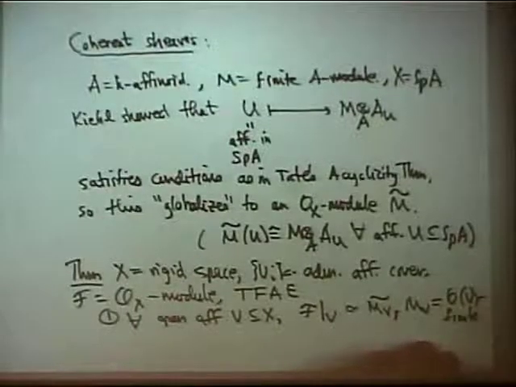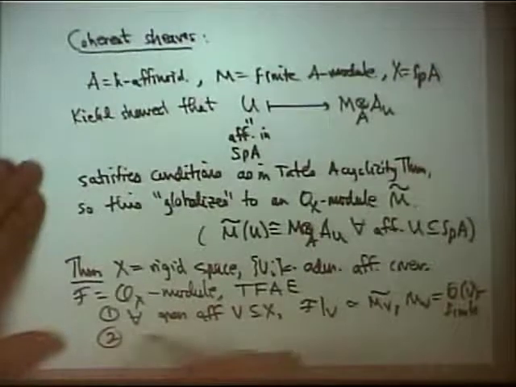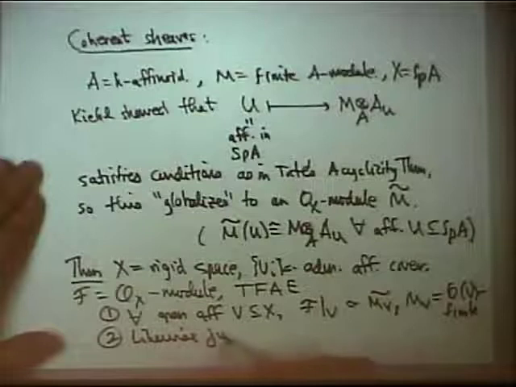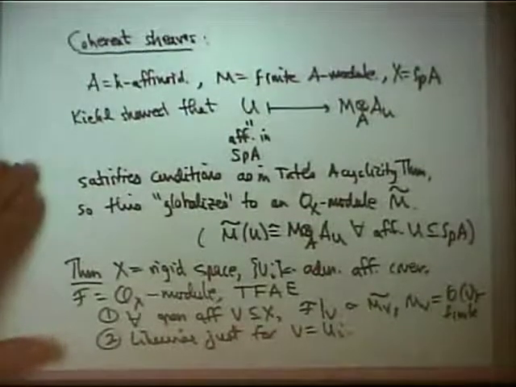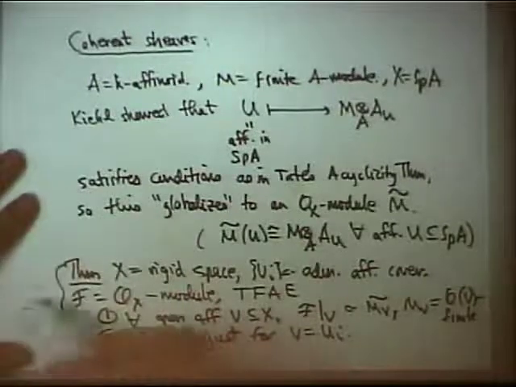Does it come from a finite module over the coordinate ring of that affinoid piece? And the other condition is likewise just for V equals U sub I. So whether or not you come from a finite module on the constituents of an admissible affinoid covering is equivalent to doing so on all affinoid coverings, and these kinds of sheaves are called coherent.